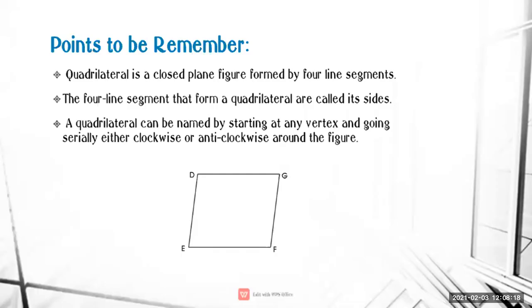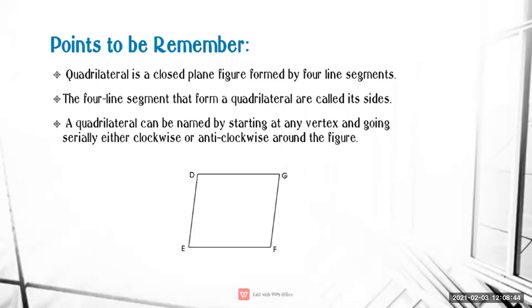Now you know a quadrilateral is a closed plane figure formed by four line segments. The four line segments that form a quadrilateral are called its sides. Now, what do you mean by quadrilateral? A quadrilateral is a closed plane figure that is formed by four line segments.